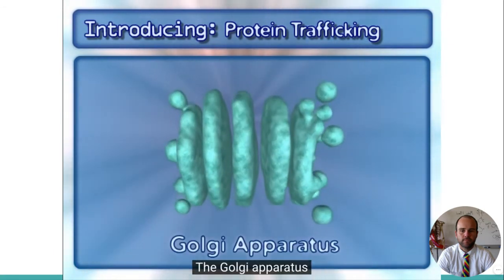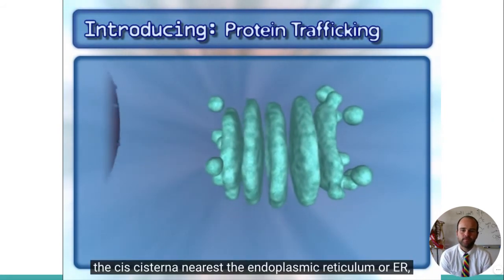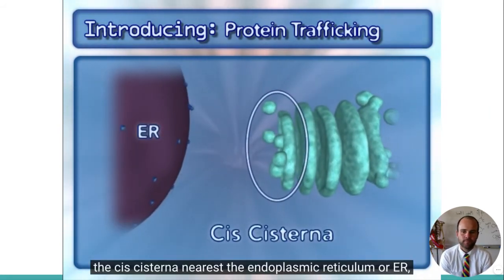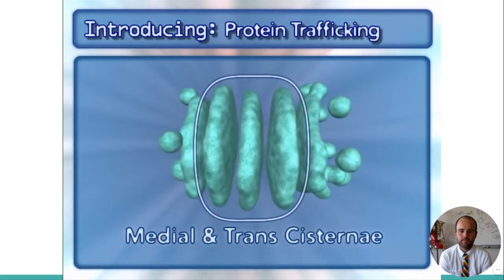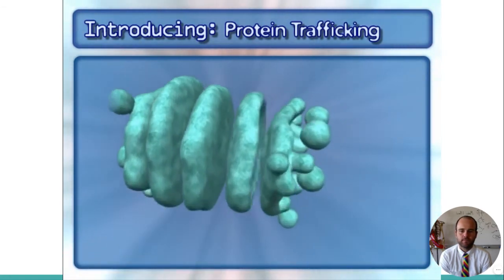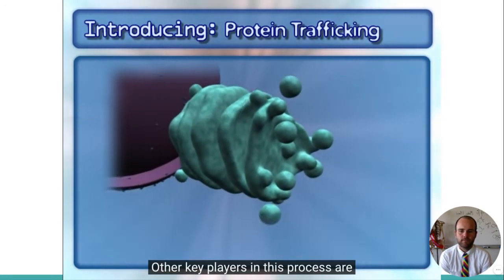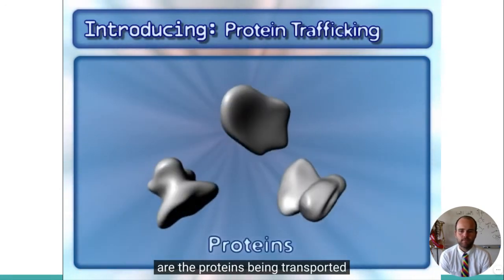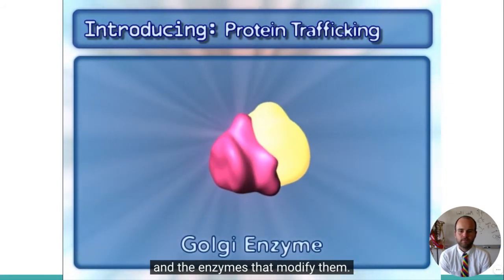The Golgi apparatus consists of general components: the cisterna nearest the endoplasmic reticulum, or ER, the medial and transcisternae, and the trans-Golgi network. Other key players in this process are the proteins being transported and the enzymes that modify them.